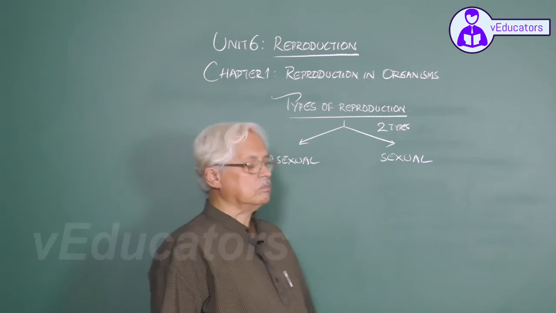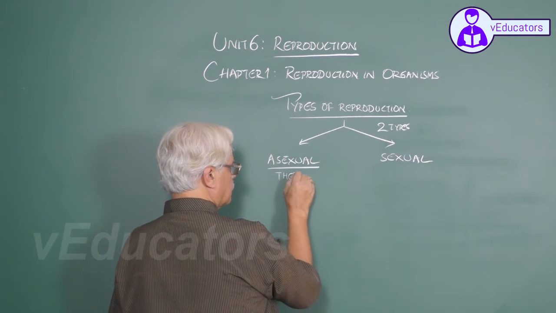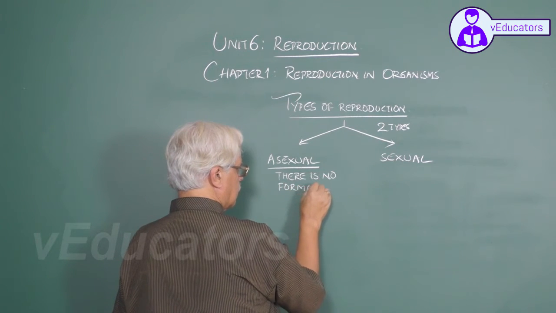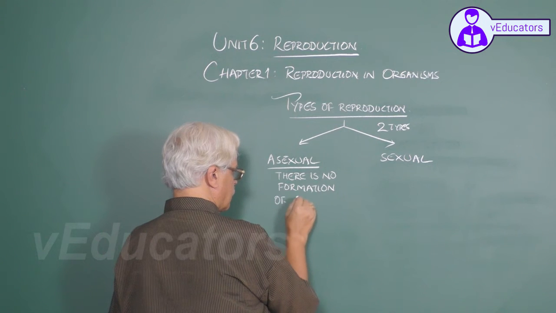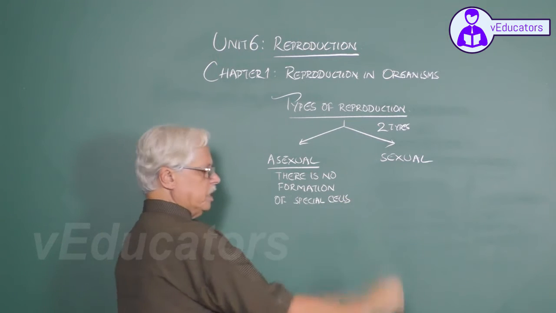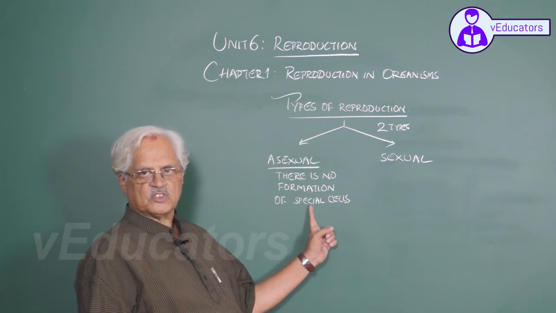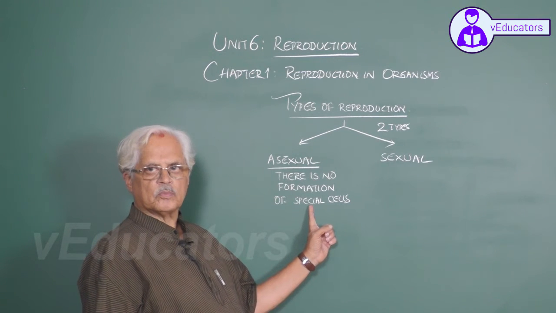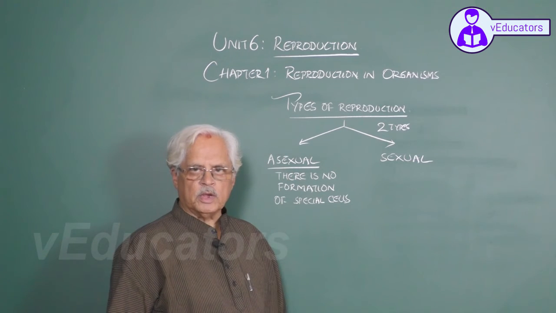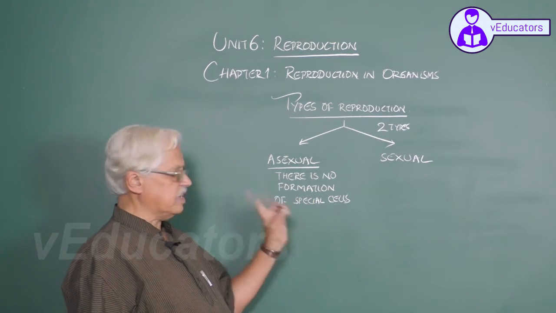What is asexual reproduction? It is a type of reproduction where there is no formation of special cells.